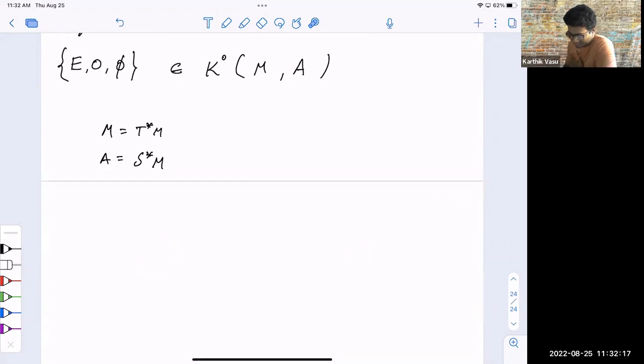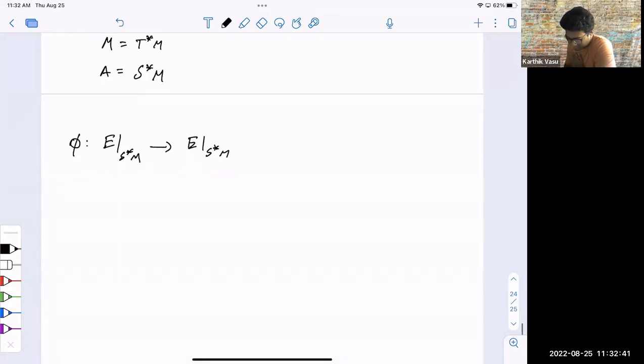So if you take such a K theory and elements of that, phi will just be an invertible mapping from S*M to E restricted to S*M to E restricted to S*M. So this is an invertible map, and this will be treated as a symbol. So phi is treated as a symbol.